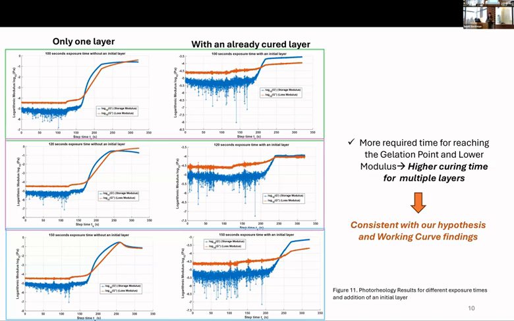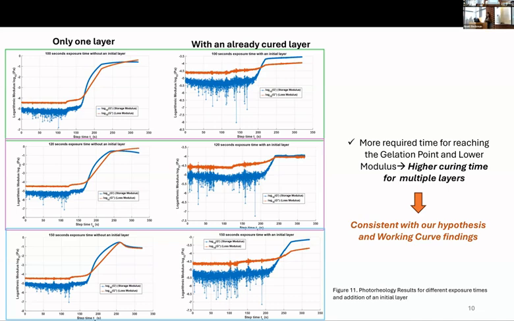In reality we have multiple layers, which is why we need more time, as we saw in the working curve. So as we have more than one layer, we need more time to fully cure our material.